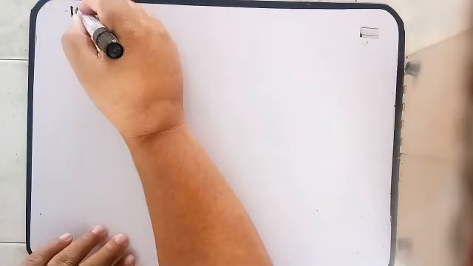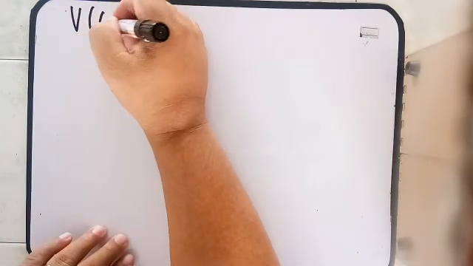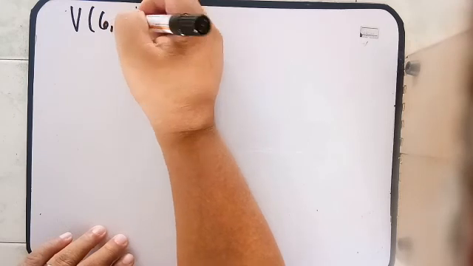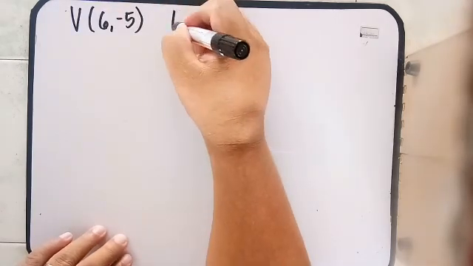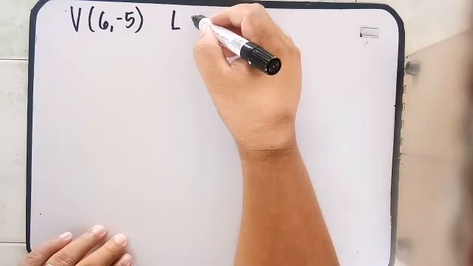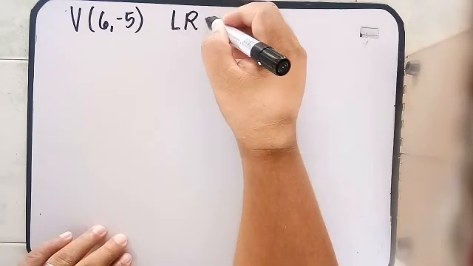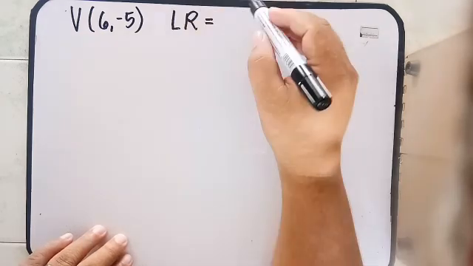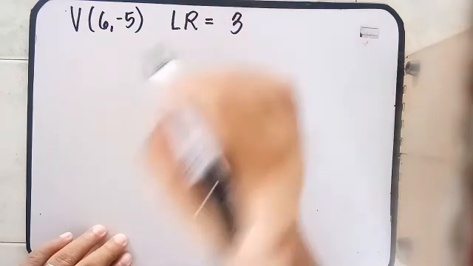Now, how do we find the equation? Let's say the vertex, it says, is at 6, negative 5. And the length of the latus rectum here is 3.